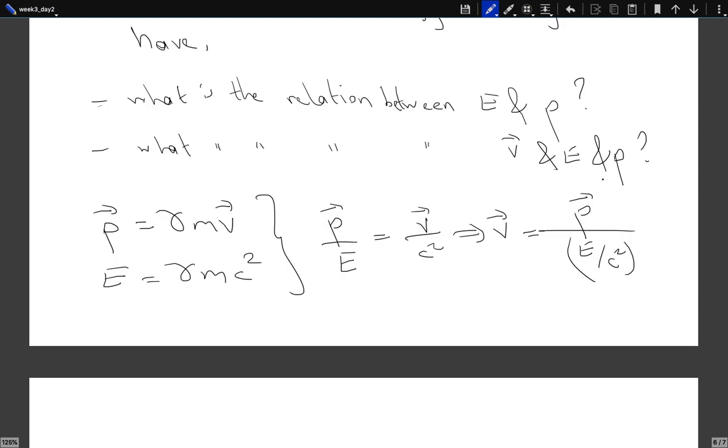And in fact, if the particle is not moving at very high speeds, to a very high accuracy, this is just the mass of the object. Because you see, E is gamma m times c squared. If the speed of the object is very small compared to the speed of light, then gamma is just 1 to a very high accuracy. If gamma is 1, E over c squared is just m.